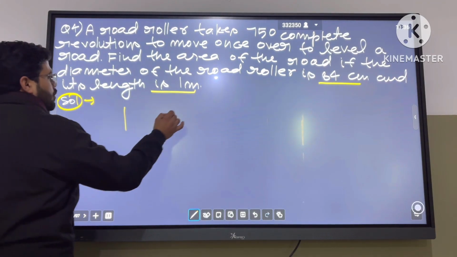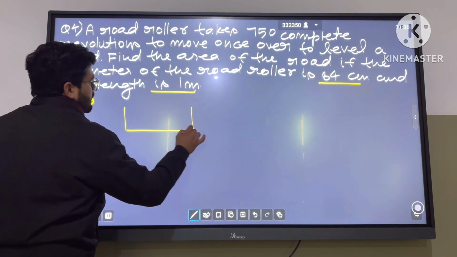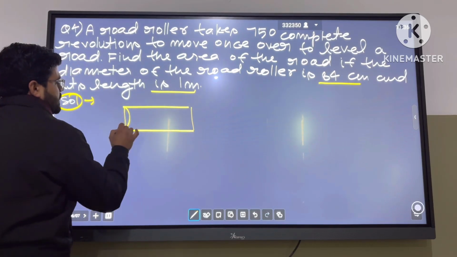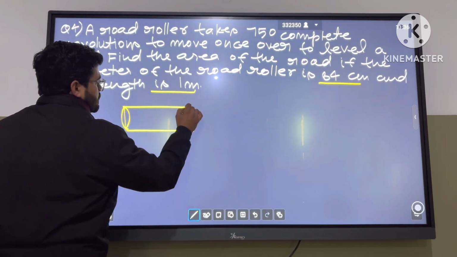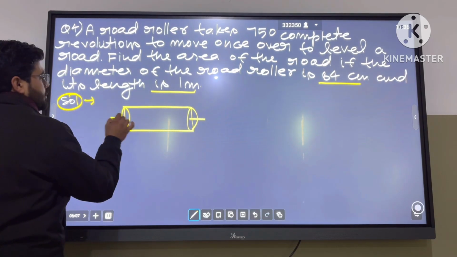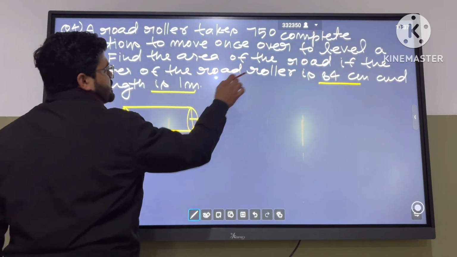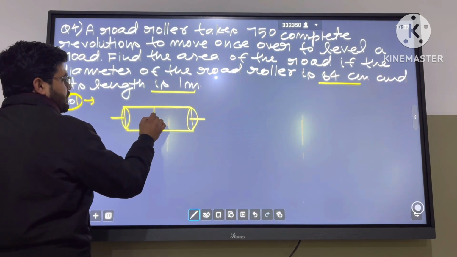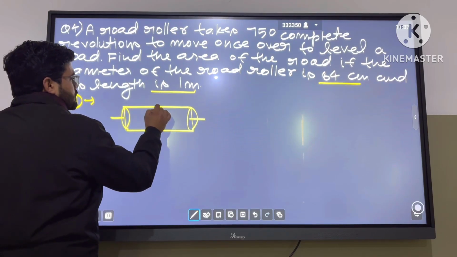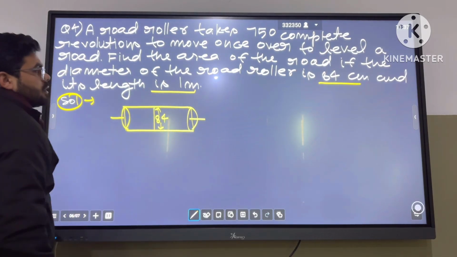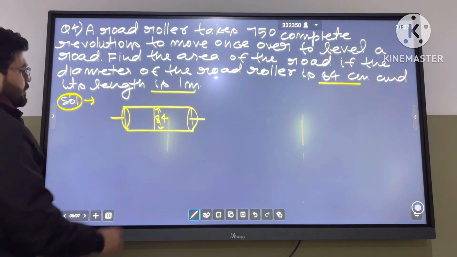We have a roller like this, cylindrical in shape. Okay, so the diameter of the roller is 84 centimeter, and its length is 1 meter.